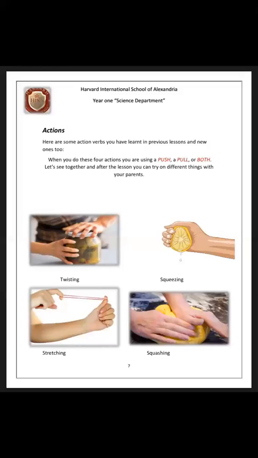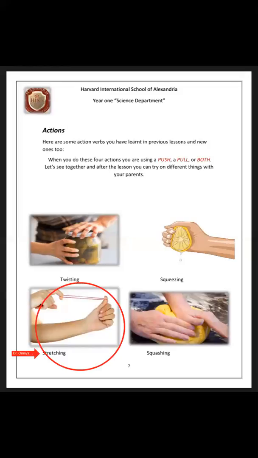The third picture, okay, what do you do with the elastic band? See the picture? The girl is playing with the elastic band, but she is doing what backwards? What do you think?